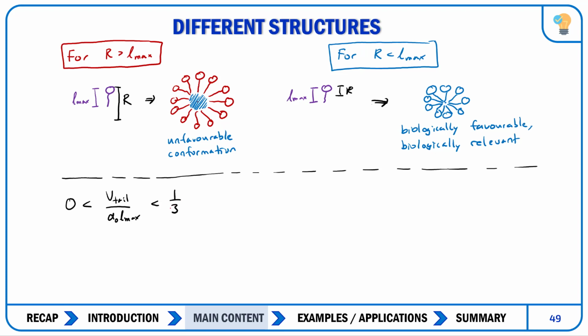So over here I have a term where for spherical micelles you have an R value that's going to be in between 0 and 1/3. So this would be for spherical micelles. And spherical micelles are essentially these ones, so I'll call this a spherical micelle.